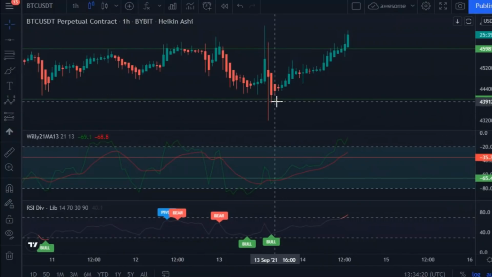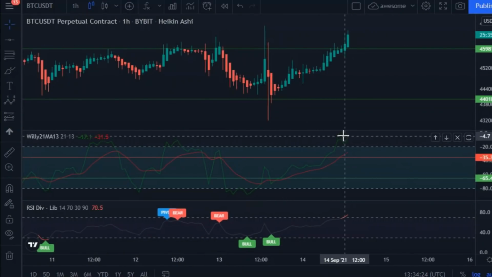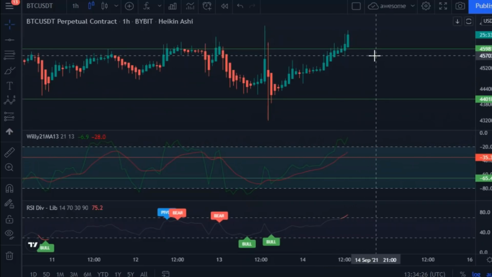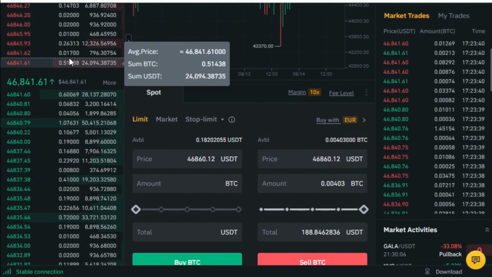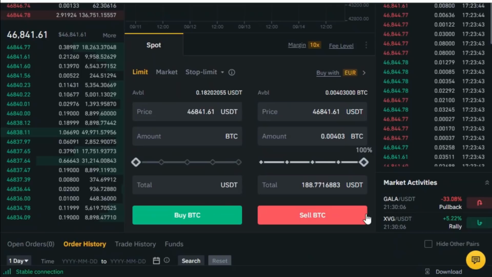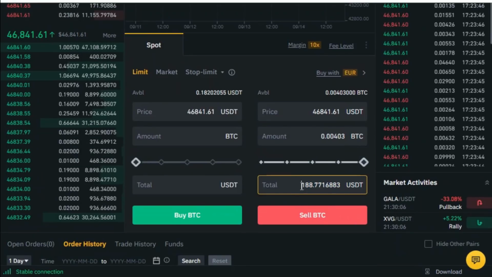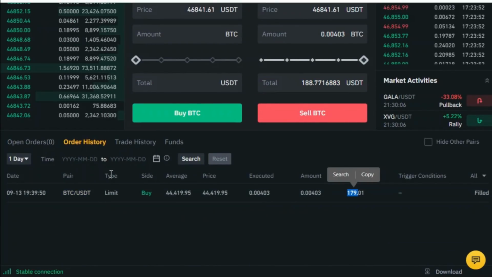As you can see here, there is no sell signal yet, so we still hold. As you can see, the profit now is about 6%, and we still hold.